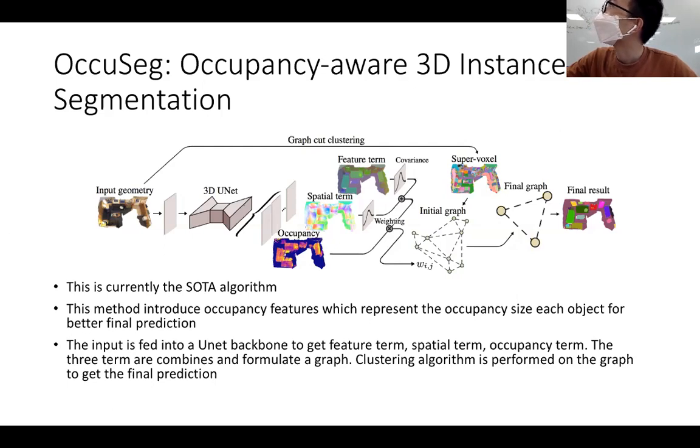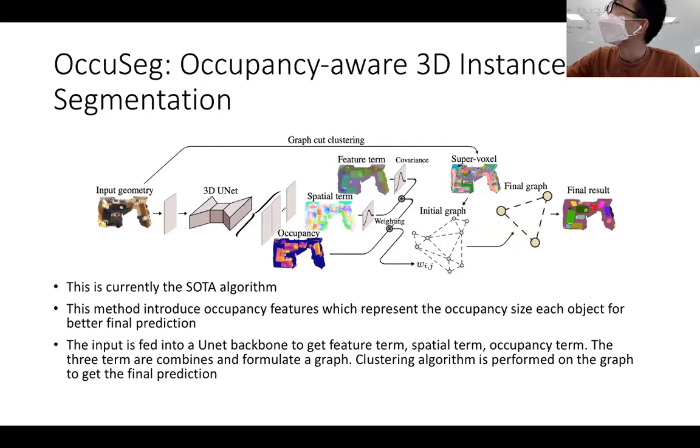And here they use graph clustering. So after having all the information, they can represent it with each point as a node in a graph, and they do clustering on the graph.